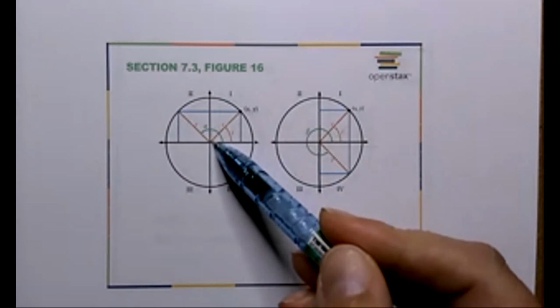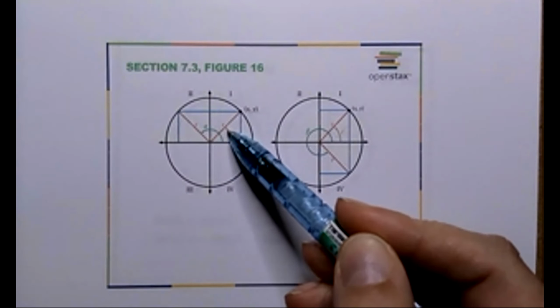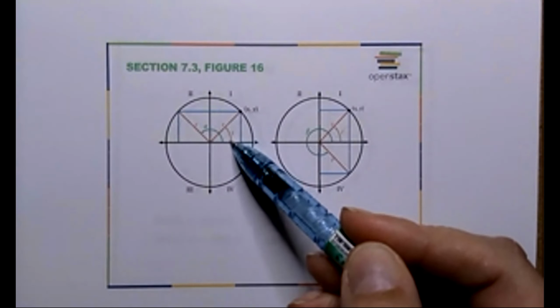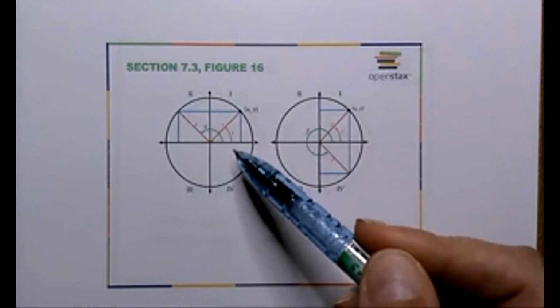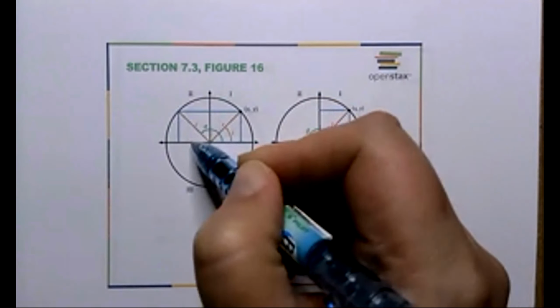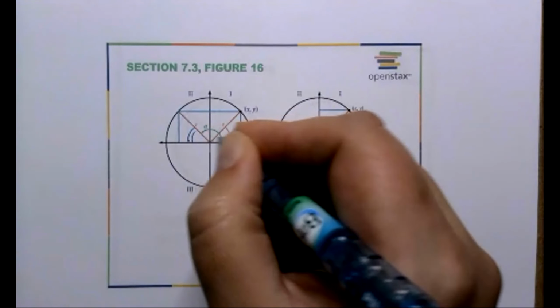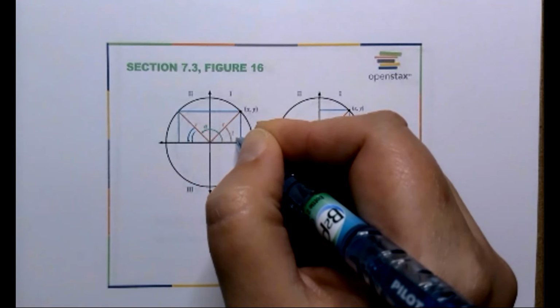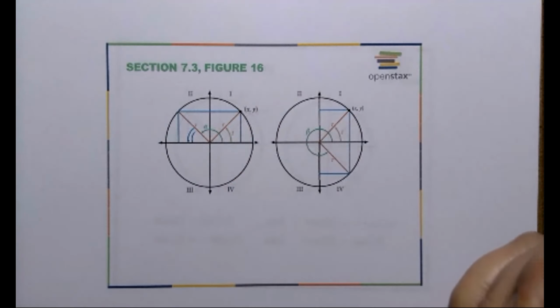Here we have an acute angle in the first quadrant, so the reference angle is itself. If the angle is in the second quadrant, then the reference angle would be this angle, but they are showing it in the first quadrant. So it's kind of symmetric. It travels to the first quadrant.